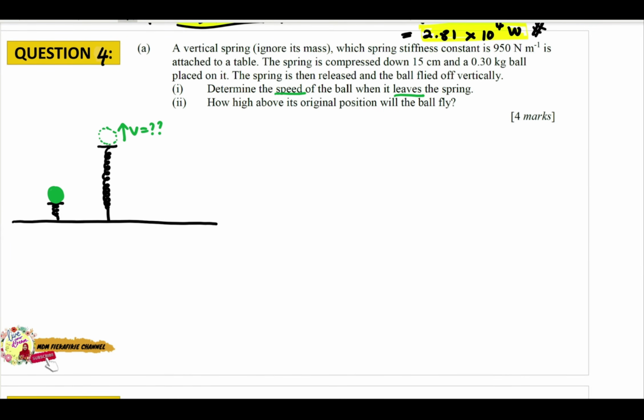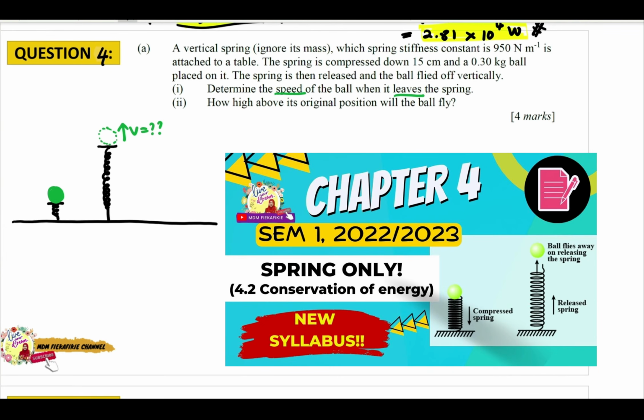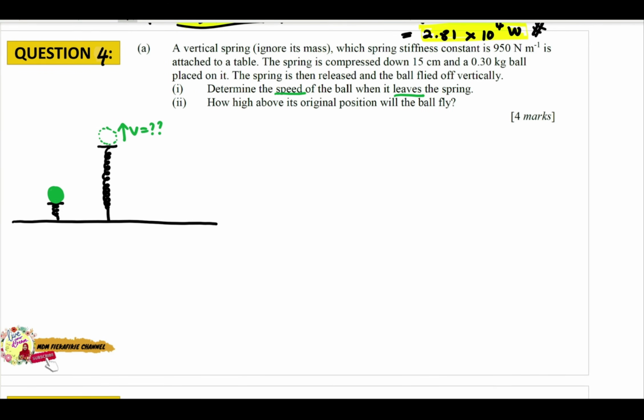Okay. Saya ada discuss soalan spring macam ini dalam video yang sebelum ni, iaitu video conservation of energy about spring only. So here, let's say lah saya guna method yang kita pilih reference point. Maknanya saya tanda dekat sini terus.